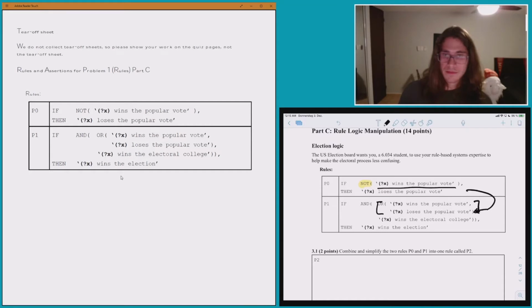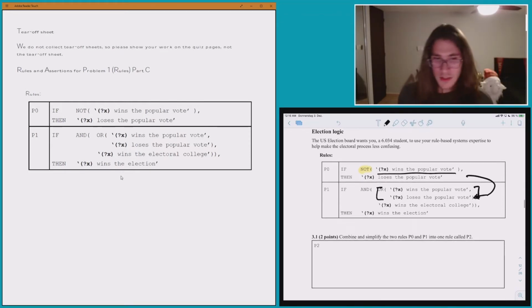But the true determining factor in whether X wins the election, as in the consequent of P1, is whether X wins the electoral college. And I'm not thinking U.S. politics. I'm thinking electoral systems, and thinking through the possible scenarios in which the or at the very beginning would affect the outcome.